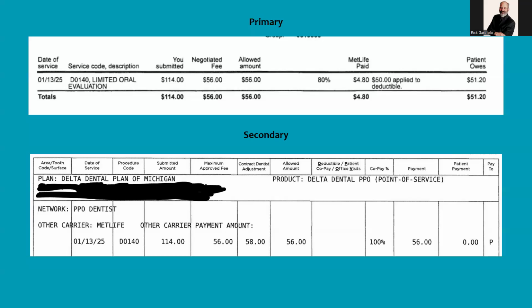What is the best way to determine if an employer has less than 20 employees? How does your office handle it when you ask the insurance company if the plan is self-funded and the rep has no idea what you're asking? Two different questions. The best way to determine if an employer has less than 20 employees, really the simplest way, is ask the patient.